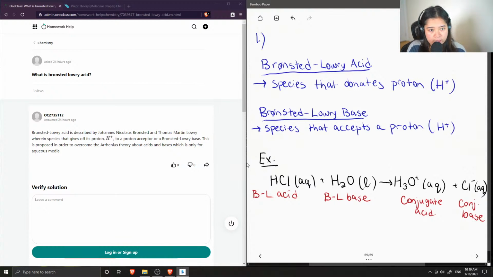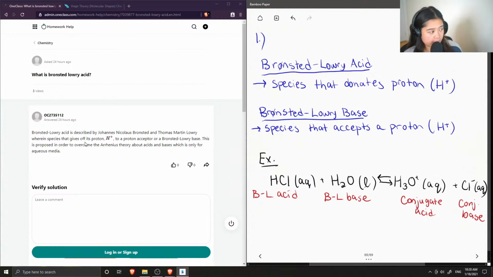And the reason we name these products conjugate acid and conjugate base is because if this reaction were to be in reverse, then H3O plus would be the one to donate one of its protons to the chlorine ion, becoming the new acid, and the chlorine ion accepts one of the protons and it becomes the base. So this is the reason why we call these the conjugate acid and the conjugate base.